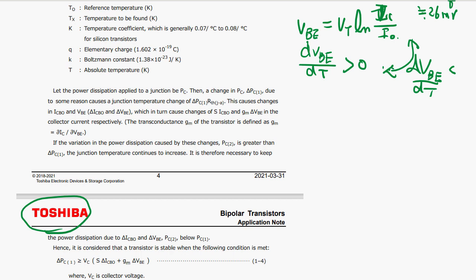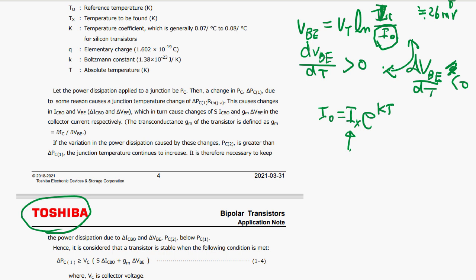The reason is that I0 is also a strong function of temperature. I0 is typically Ix, the current at a fixed temperature, times e to the power of minus something over kT, so I0 increases exponentially with temperature.